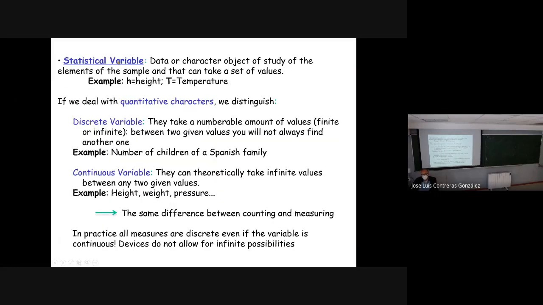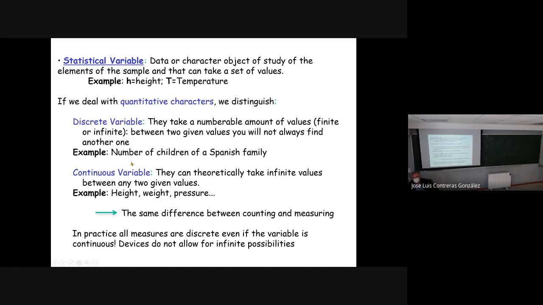And then our statistical variable is this data we're studying, basically the same thing as the character we are studying. So the statistical variable is the character we are studying, and it can be quantitative, let's put aside the cases where we are studying things like which kind of music you like, or whether you prefer dogs or cats, and centre on numbers. Although these can be studied with statistics too, if we only take quantitative characters, then they can be discrete or continuous mainly.